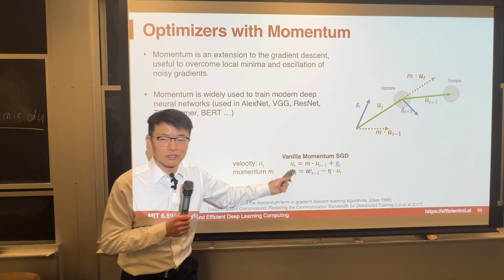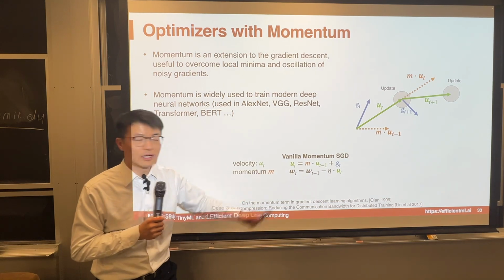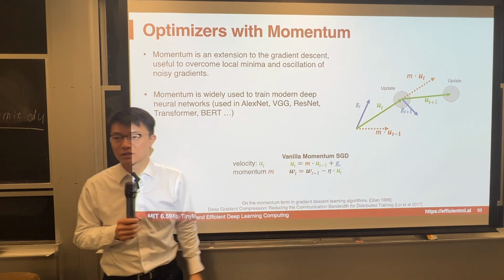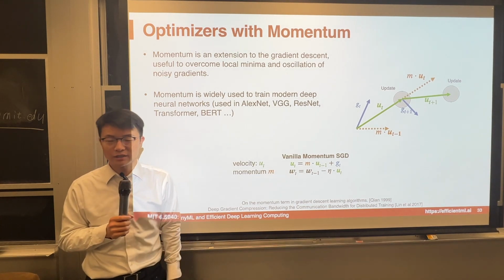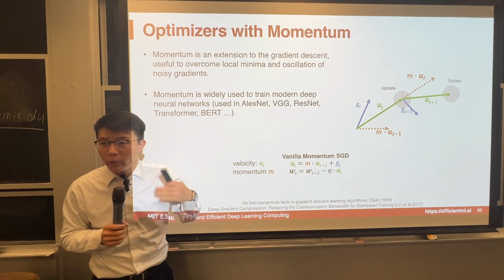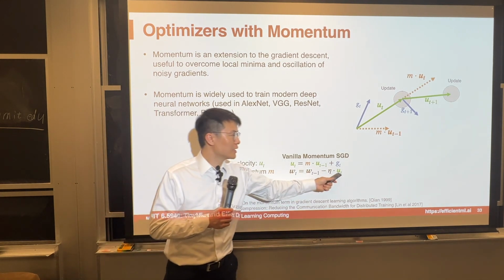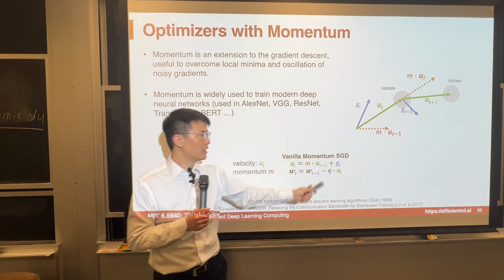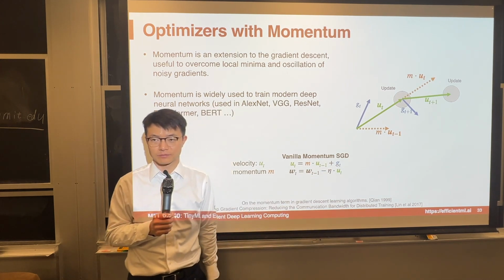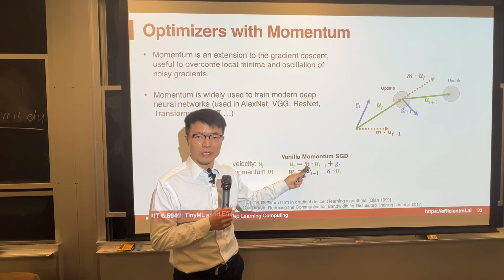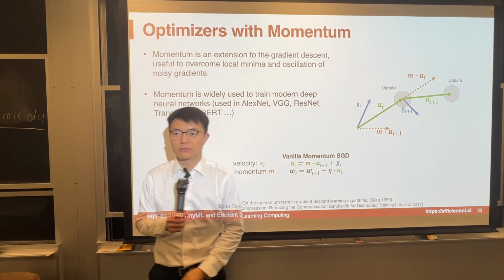And we call this velocity. Velocity is a combination of the current gradient with the previous velocity, the previous direction. When we are updating the weight, we are updating with this velocity rather than the gradient itself. So the velocity is the previous velocity discounted by momentum plus the current gradient.